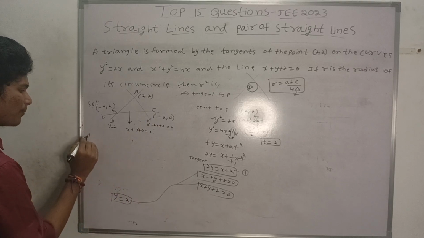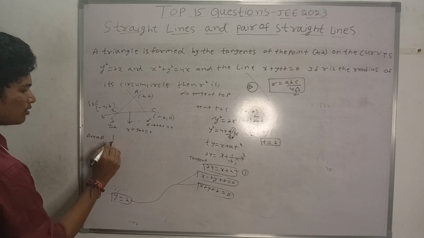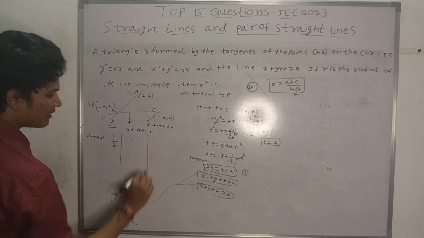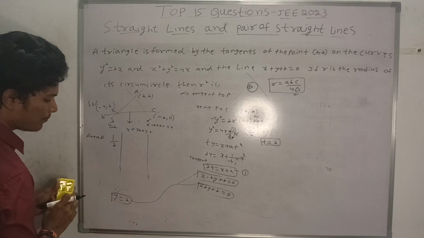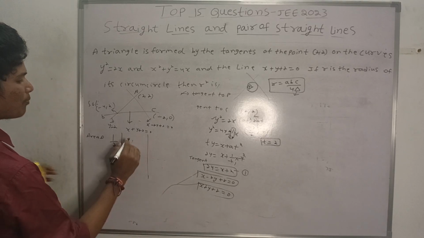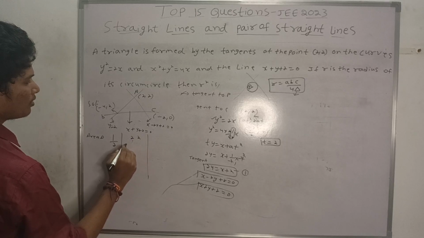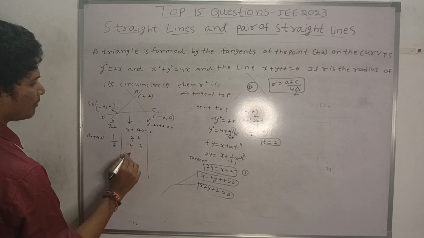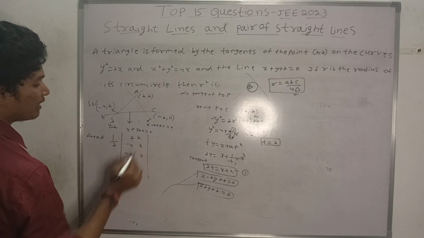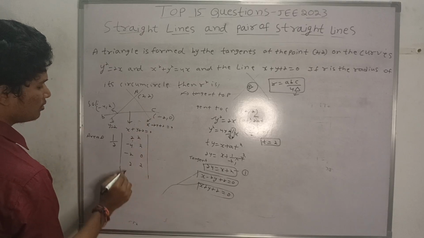First I will find the area, that is delta. Half into, there is a sliding method to find the area. What is the sliding method? Just keep the points here: (2, 2), (-4, 2), (-2, 0), and repeat the first point.